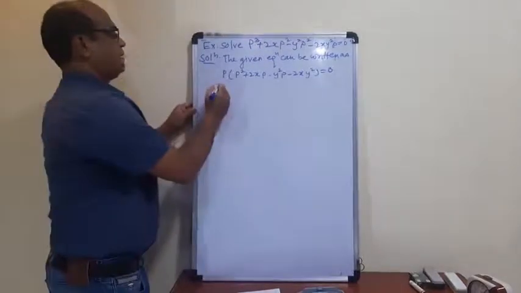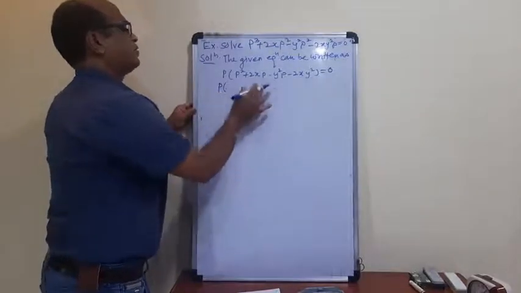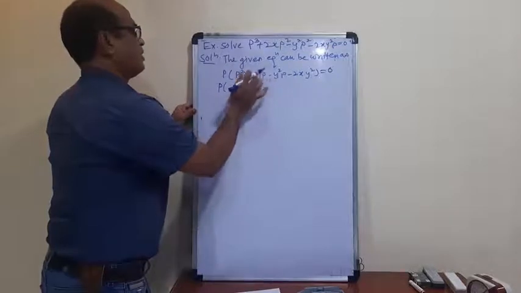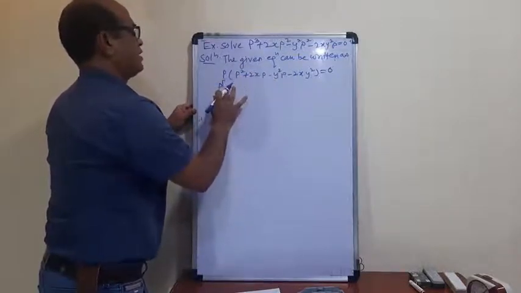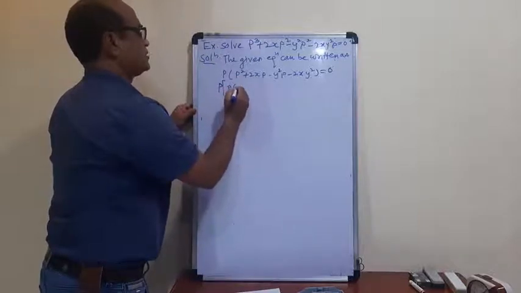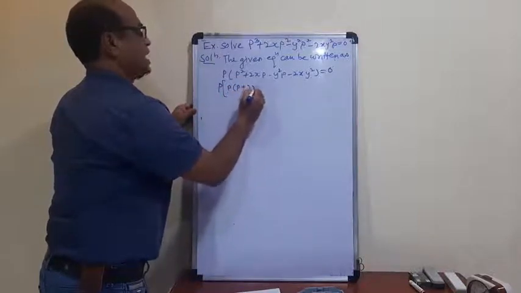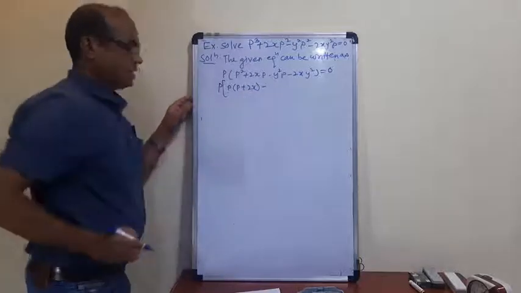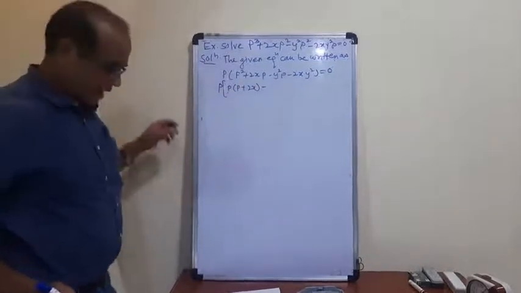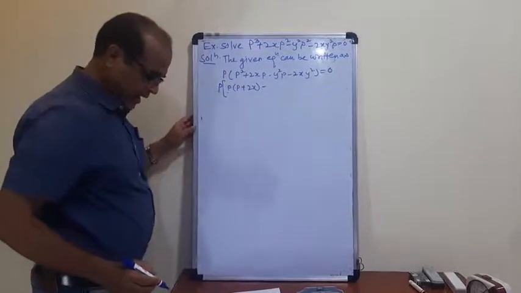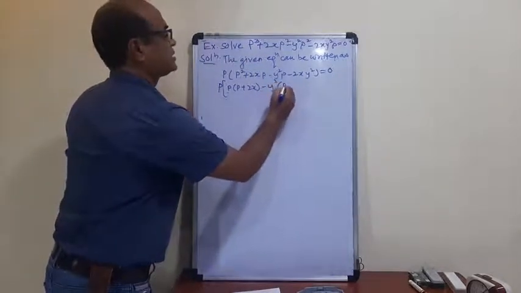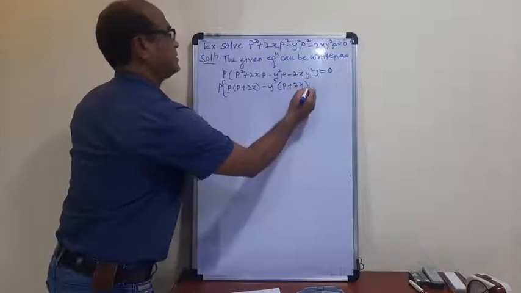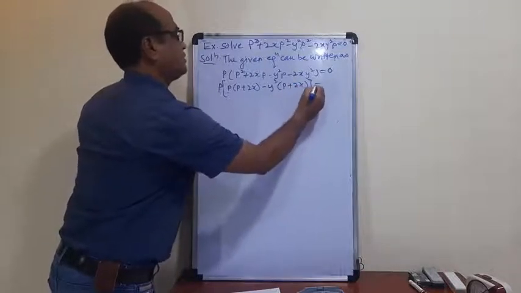Again common out p from these two terms, so that is p plus 2x, minus common out y square, p plus 2x is equal to 0.